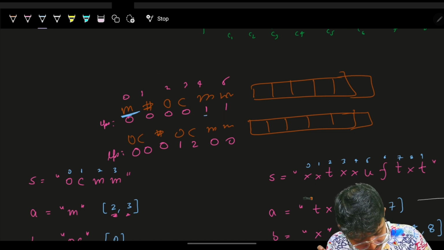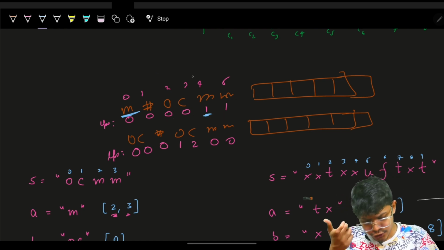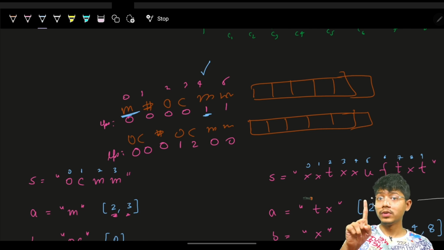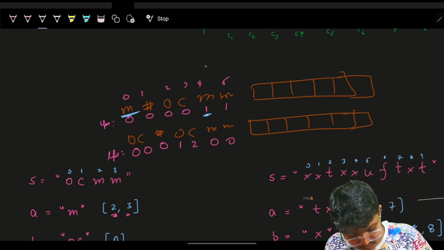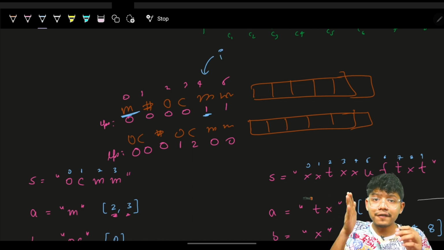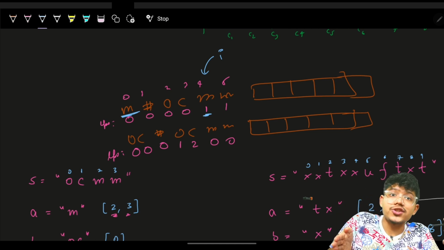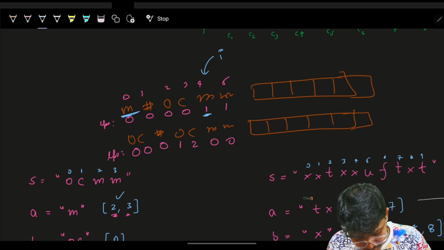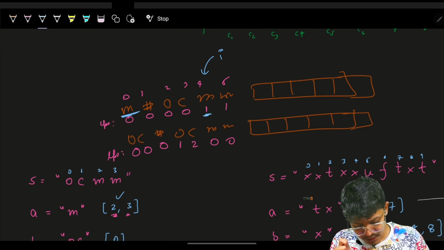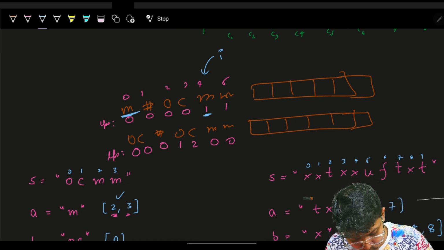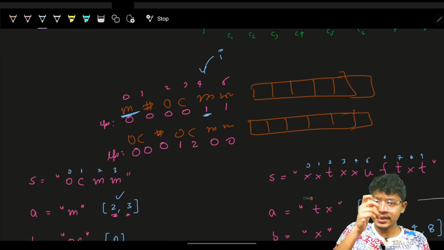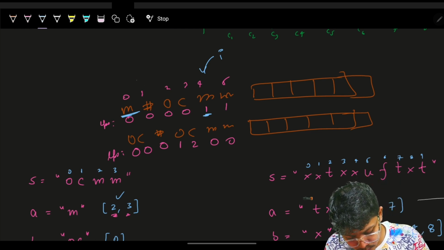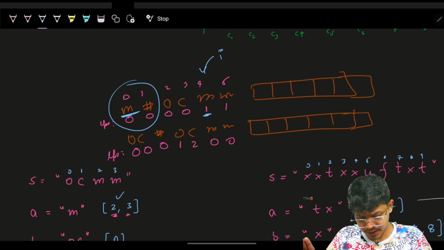Here I have found the 1, which is the pattern length. So shall I say my answer is 4? No, because this is the index in pattern, hash, and then string. But I wanted the index only of the string, so I should remove this entire stuff from here.